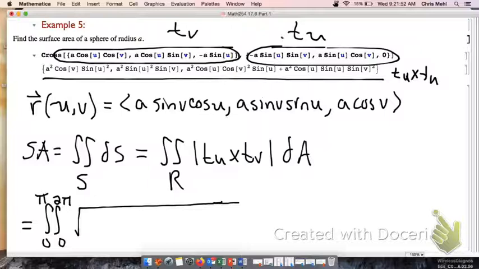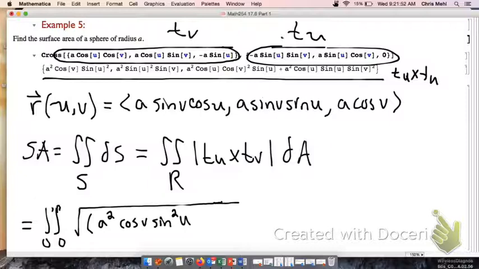This is not as bad as it looks. So now what you would do is you would take, if you look up there, I've underlined Tu cross Tv. So I would take A squared cosine V sine squared U. By the way, sorry, in this problem I have u and v backwards.